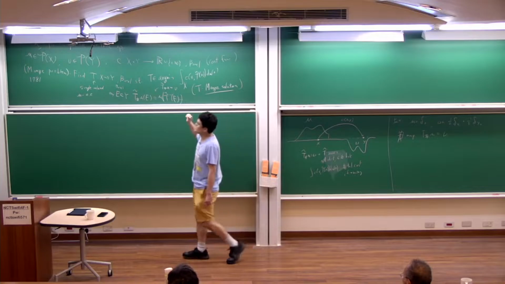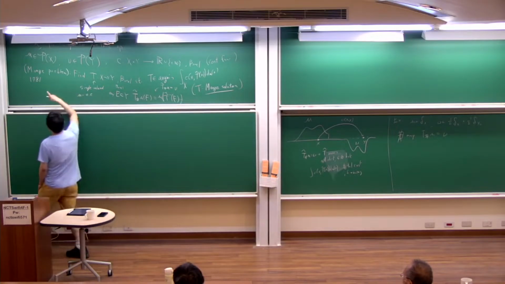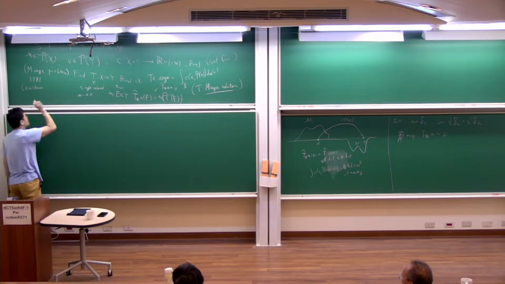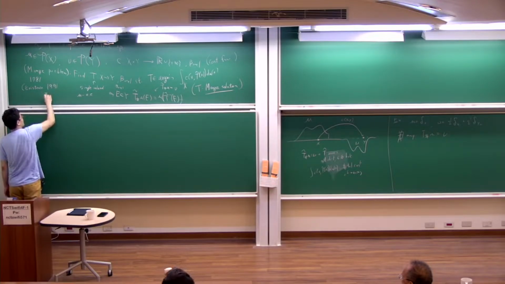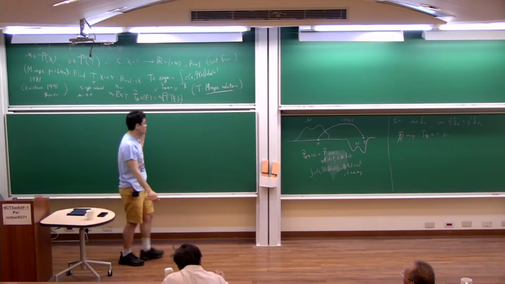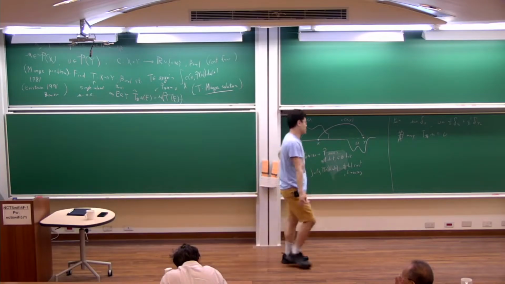And it turns out that solving this, so existence, even for a very specific case, did not come until 1991. And this was due to Renyi. So it was a very, very long time until solvability of this Monge problem was established.